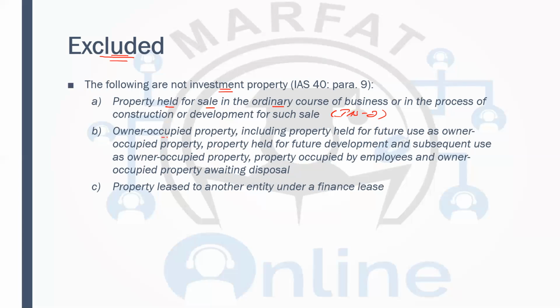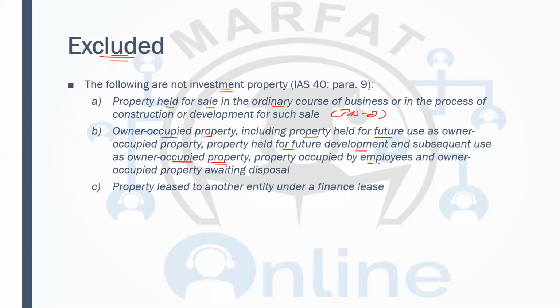Owner occupied property, we know this is IAS 16, including property held for future use as owner occupied property, again IAS 16. Property held for future development and subsequent use as an owner occupied property, like you are constructing something, and you know that this will be used under IAS 16 in the future.